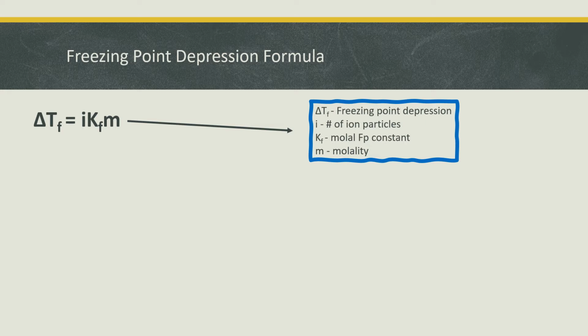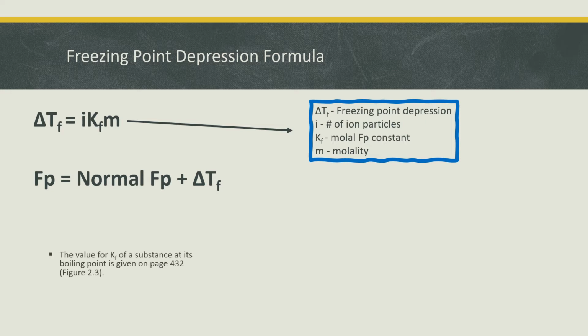K sub F is the molal freezing point constant. m stands for molality. The second equation we have is FP equals normal FP plus delta T sub F. FP stands for the freezing point, the normal freezing point of a substance, which you can find in a chart, and then the delta T sub F again is the freezing point depression.